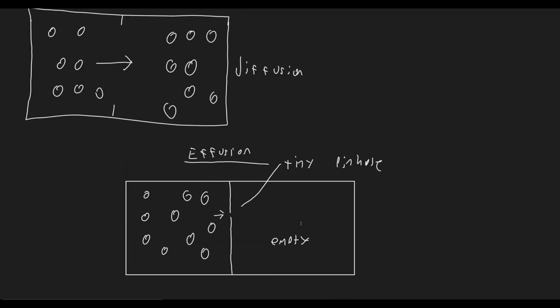And the reason we have to differentiate the two is in the first one, the gas particles are not being restricted in any way. They're free to essentially fly out and interact with other gas particles. While in the case of effusion, the gas particles are nothing more than individual molecules that are bouncing and flying around.